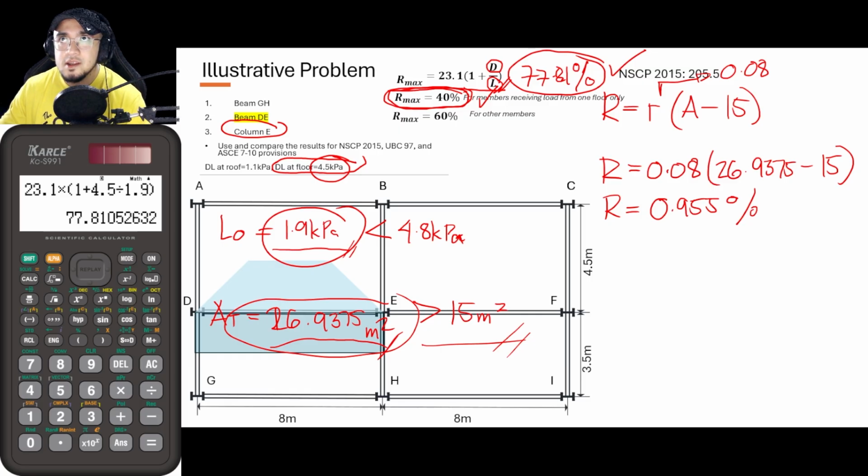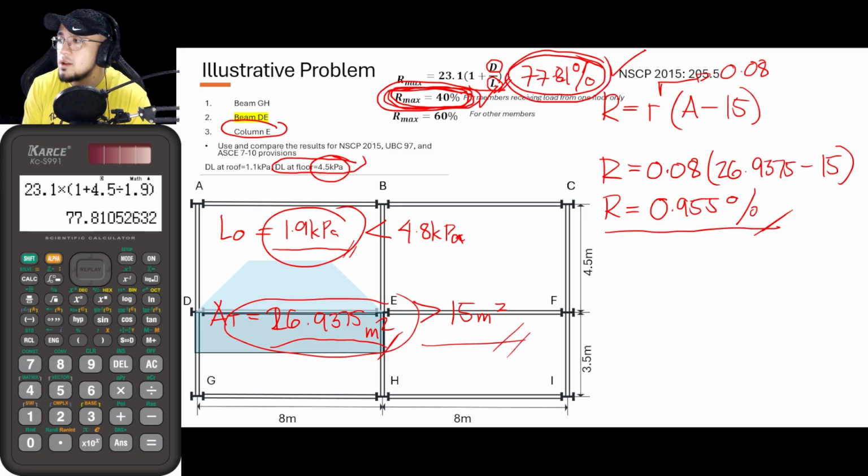And if both of them should be satisfied, it would be better to choose the lower value, so that if this value is less than this value, automatically it is also lower than the higher value, right? So as you can see, guys, since our solved value is less than 77.81, and it is also less than 40%, we would now be making use of this reduction.